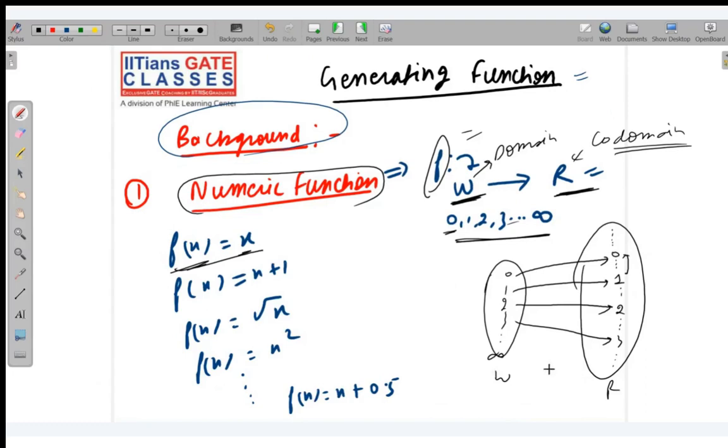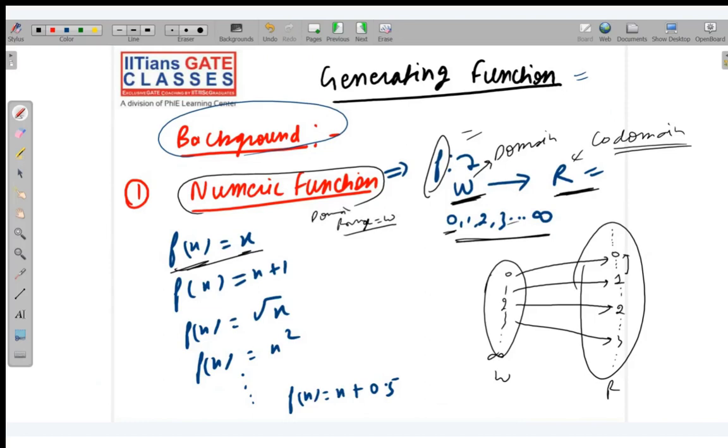So what is the range? Range means these numbers which are mapped, a subset of the codomain. So the range of this function will be whole numbers only. Range will be W.